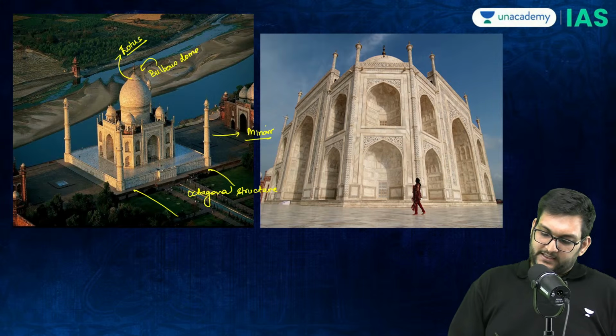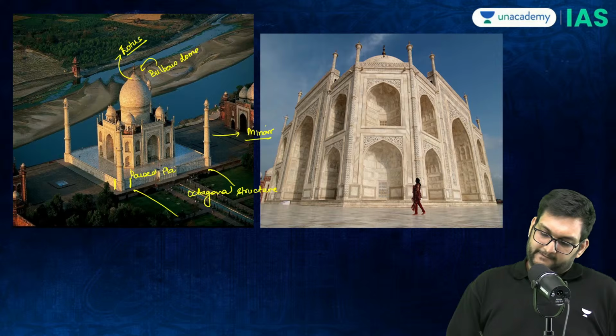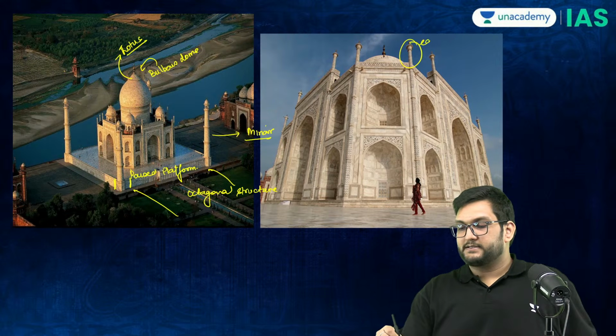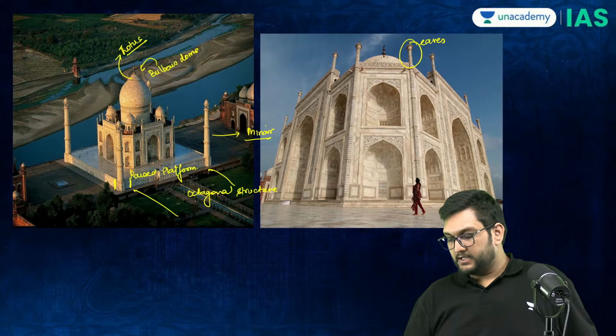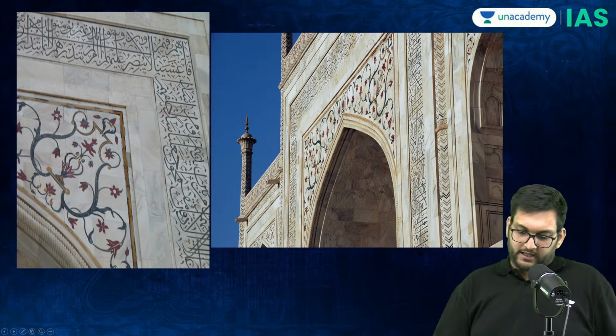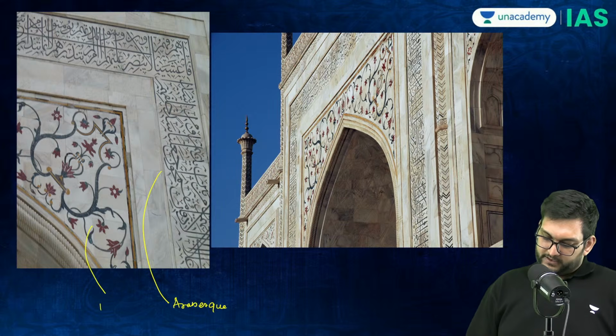Then we further see a raised platform. We see arches for decoration. And if I zoom a little bit further, I see arabesque along with Pietra Dura.